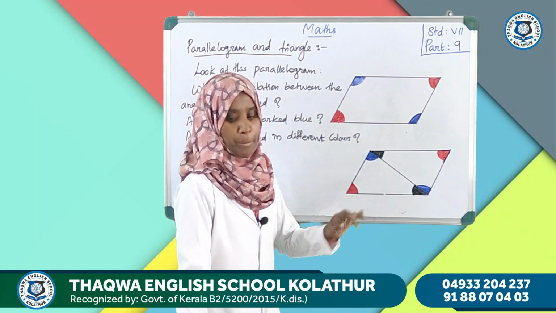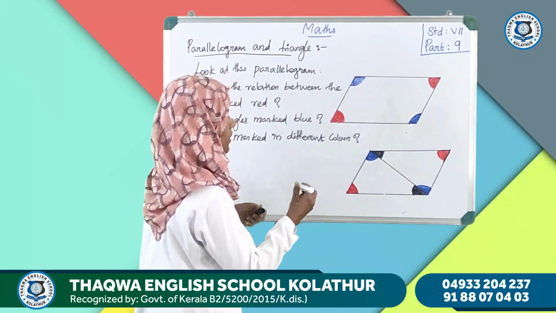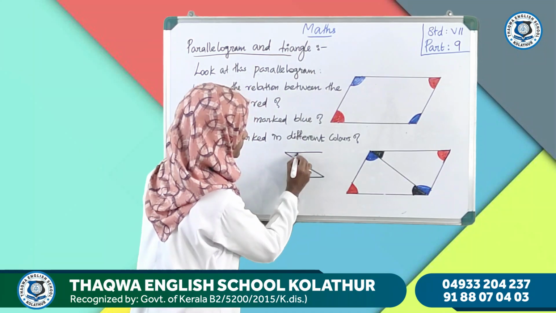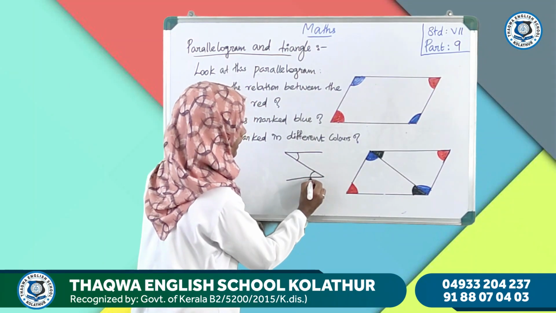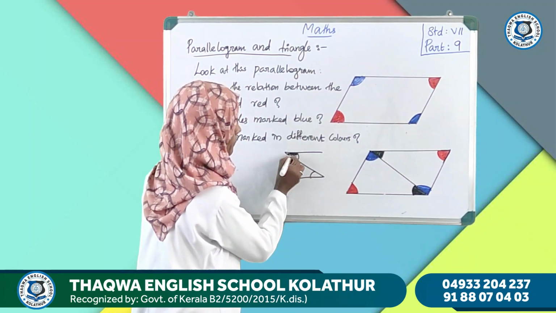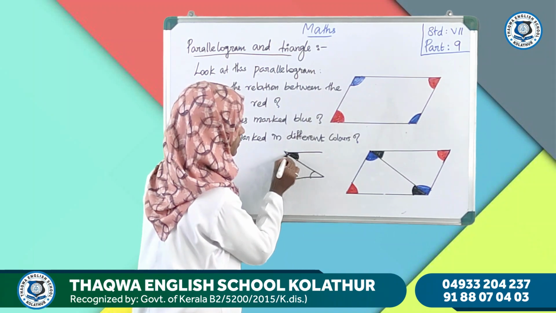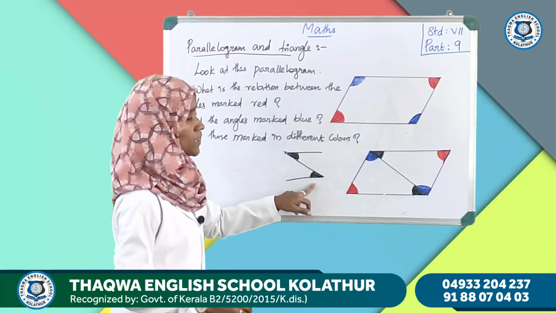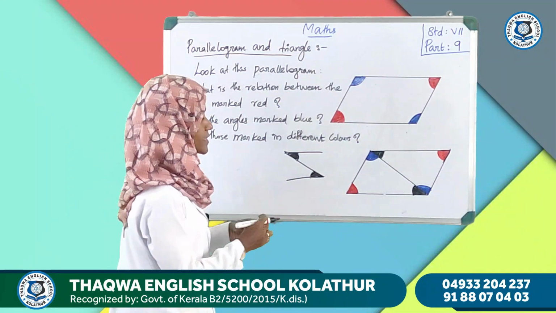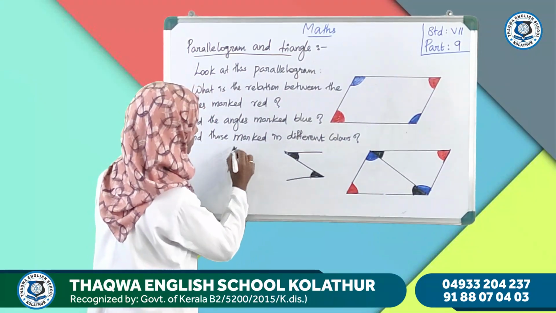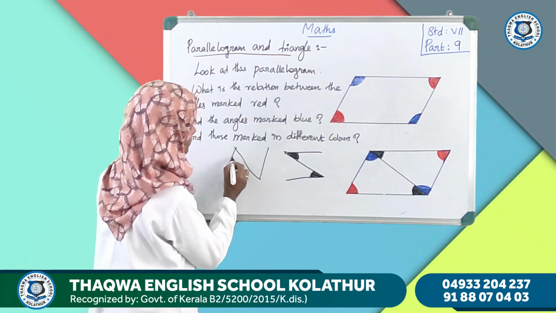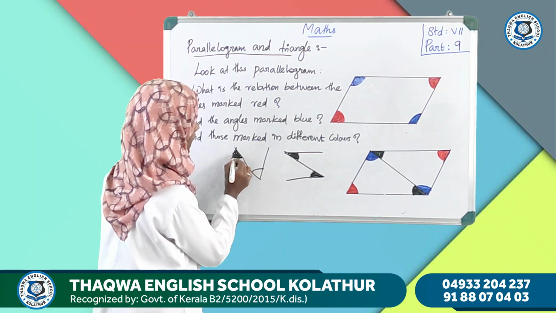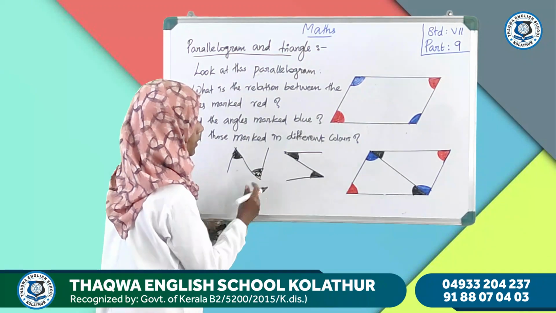Okay, let us mark the angles like this. These are the alternate angles. Then another pair. These are the angles marked in blue color.